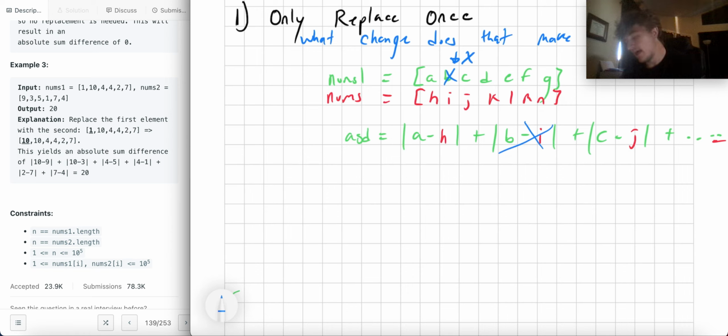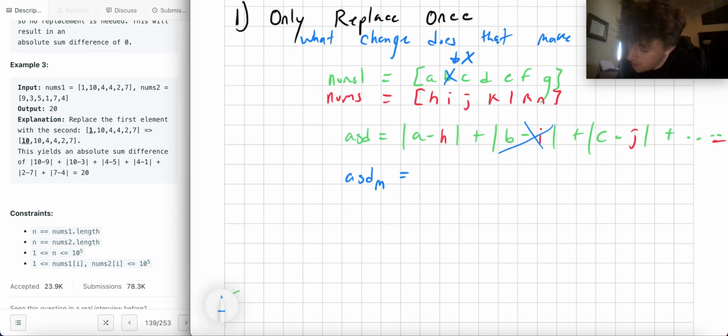And since it's the absolute difference, I don't want to think about whether I can just subtract B or add B. What I can do is say this is going to be the ASD, what it was before. I'm going to call this ASD modified.